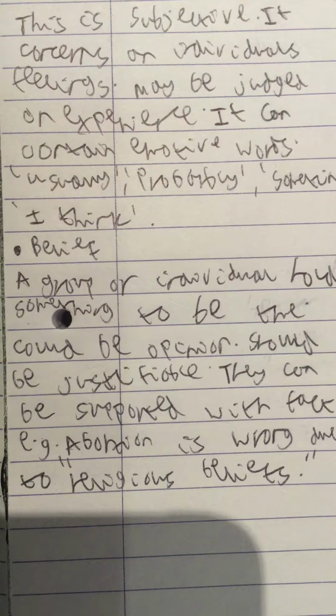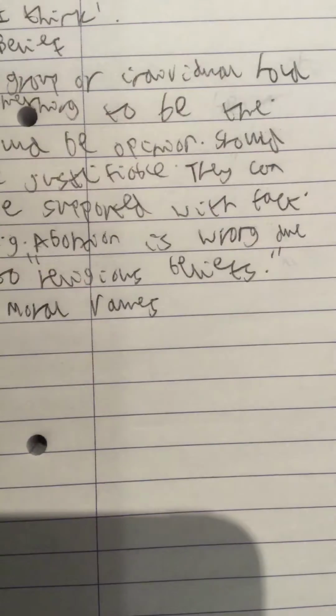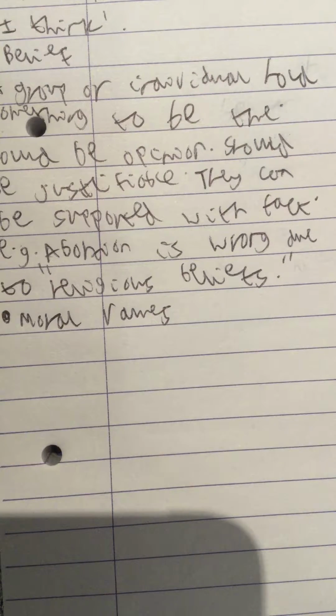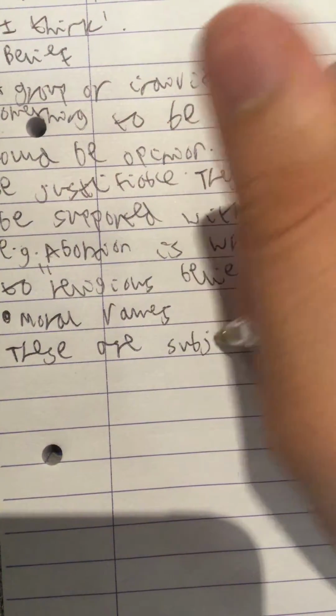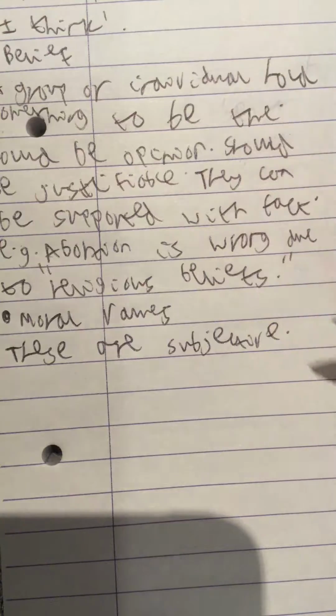So that's a belief. And the next type is moral values. These are subjective. They can shape behaviour.